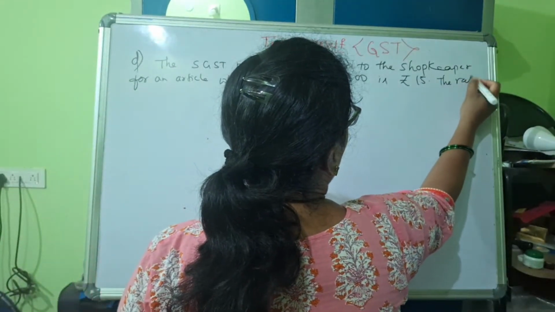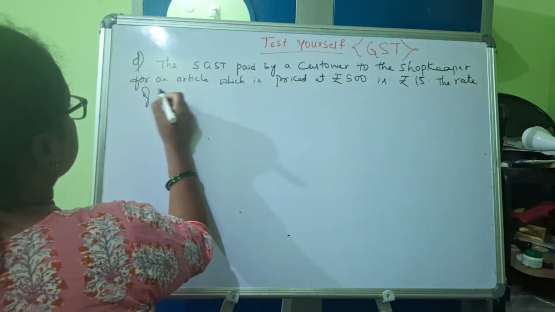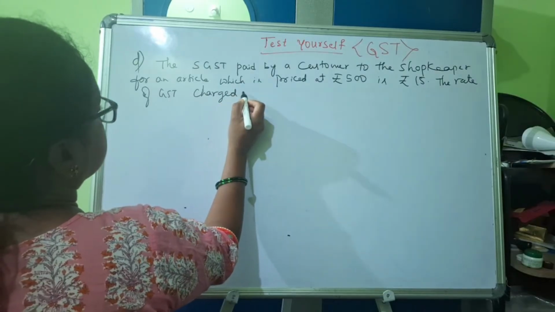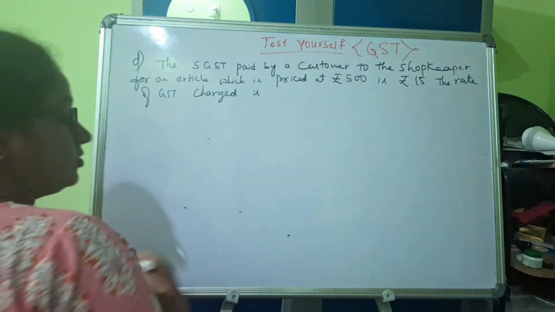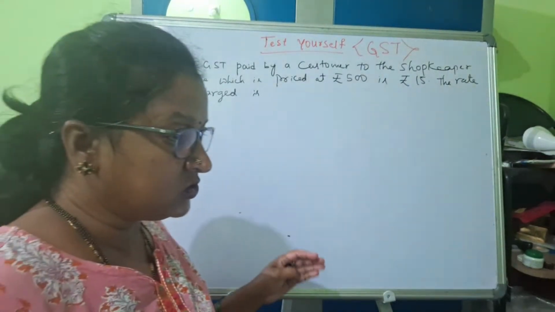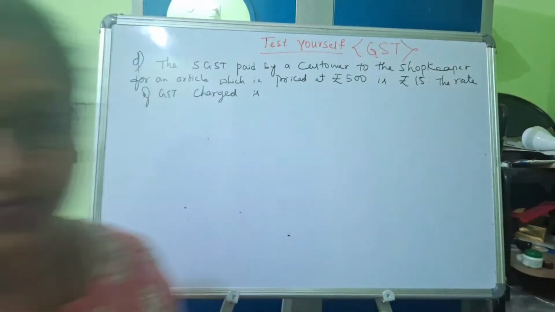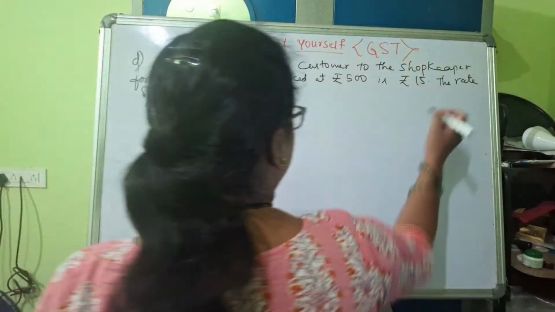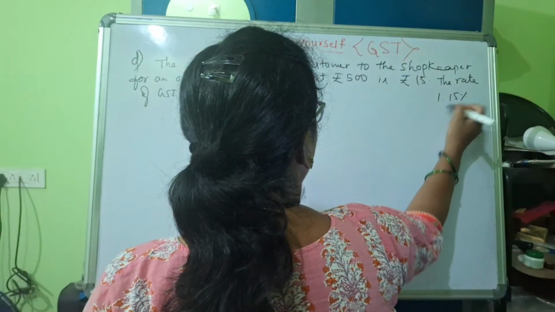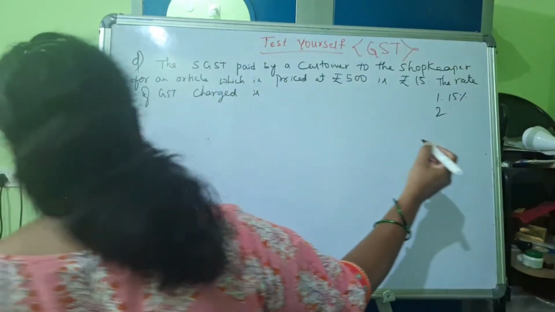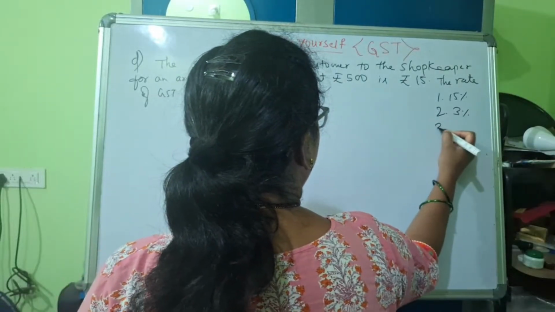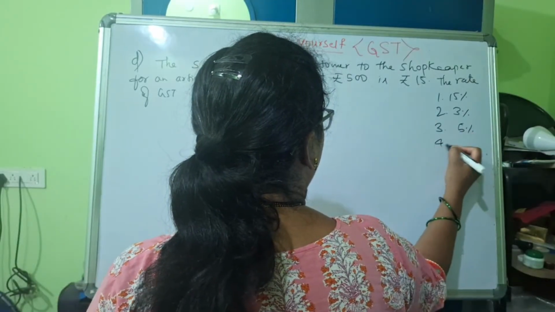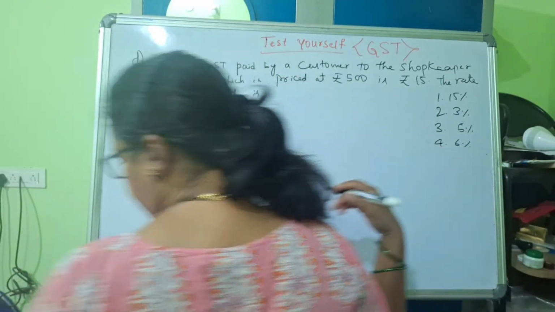The rate of GST charged is. So this question is also similar to the previous question. They have given 4 options. The first option is 15%. Second option is 3%. Third option is 5%. And the fourth option is 6%.